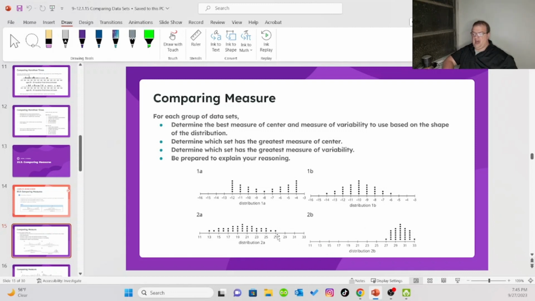And if we look at the variation, we go from 13 to 27, so that spreads out over 14. Here we go from 27 to 33, so that only spreads out over 6. So 2A is going to have our greater variability.